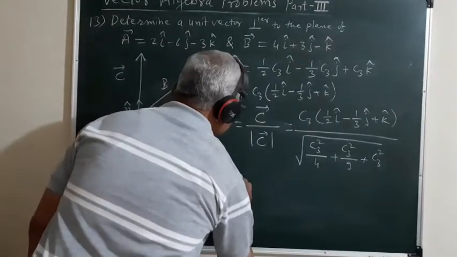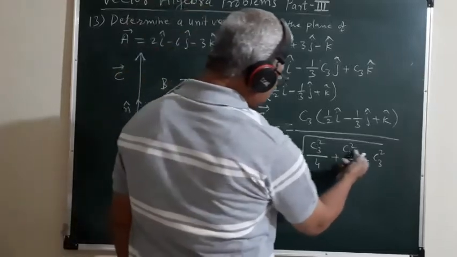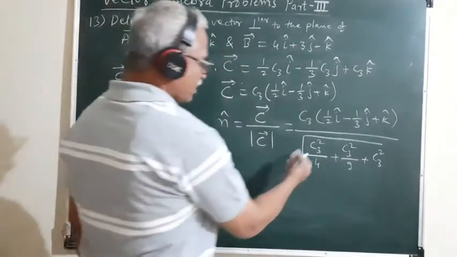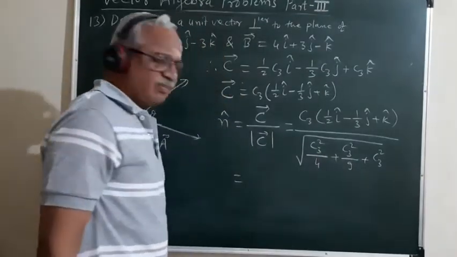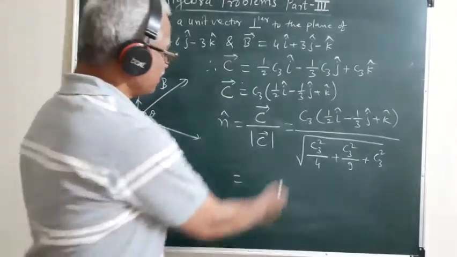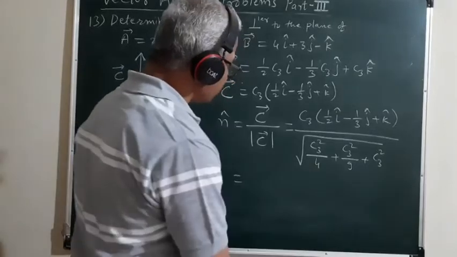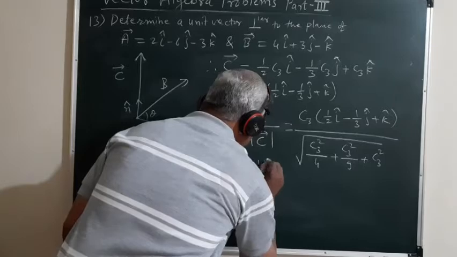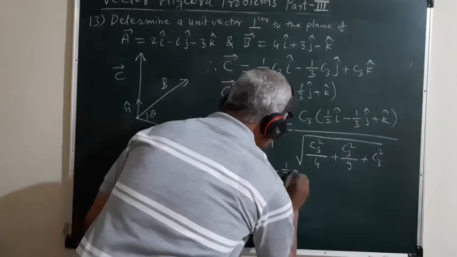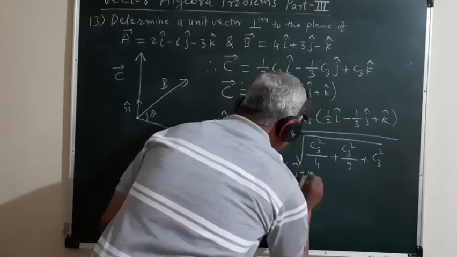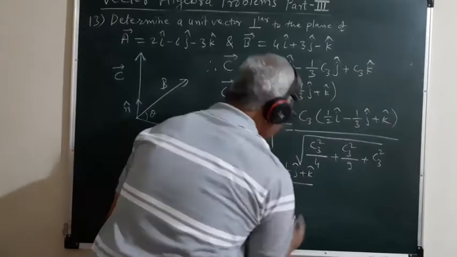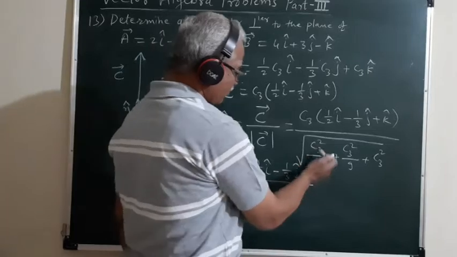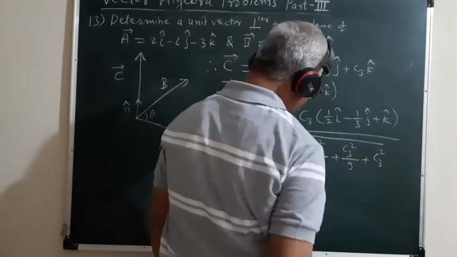If we take C3 square common from the three terms in the denominator, it will come out of the square root sign as C3, and this C3 and that C3 will get cancelled. So this is nothing but 1/2 i cap minus 1/3 j cap plus k cap divided by the root of 1 by 4 plus 1 by 9 plus 1.